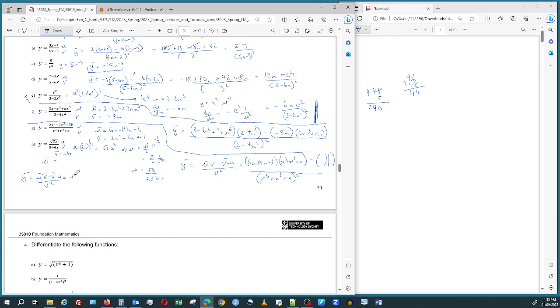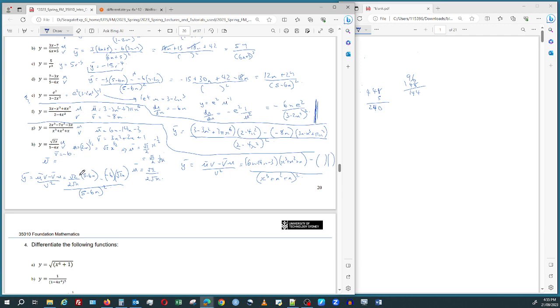Root 2 root x times v, minus 6 times 5 times root 2x. And all of that is divided by 5 minus 6x all squared.